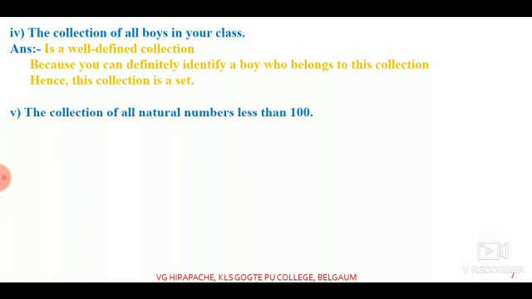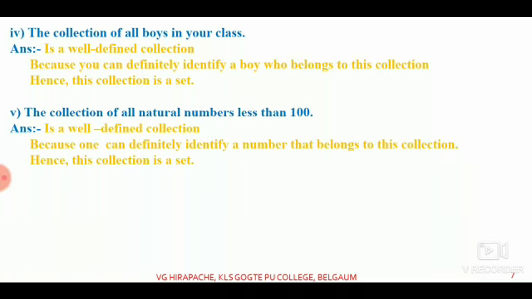In that we have the first set of natural numbers containing the elements 1, 2, 3, 4, and so on, which is less than 100, up to 99 we can write. Therefore, we have a particular order, which is a well-defined collection. Therefore, the given collection is a set, because one can definitely identify the number that belongs to this collection.